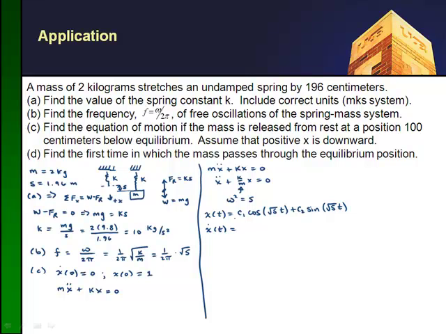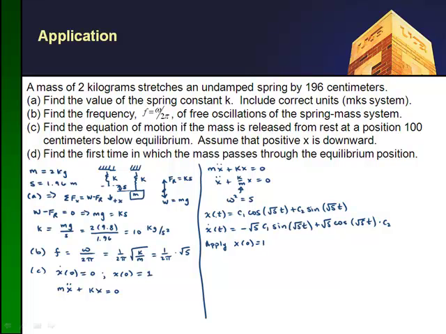If I take the derivative of this function, x of t, I'll get negative root 5 c1 sine root 5t plus root 5 cosine root 5t times the c2. So now let me apply the condition that x of 0 is equal to 1.